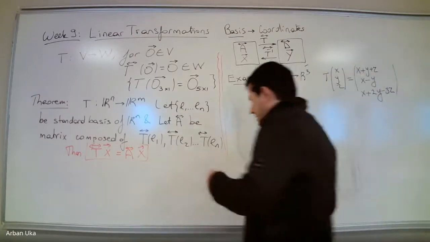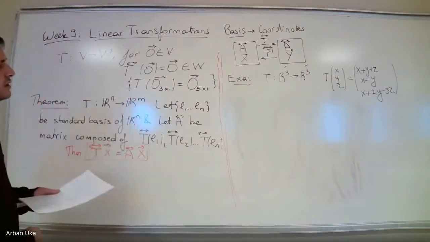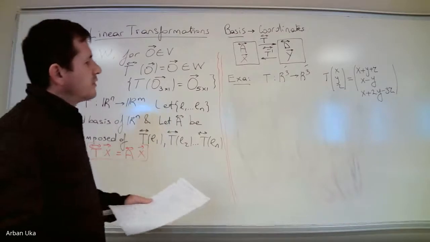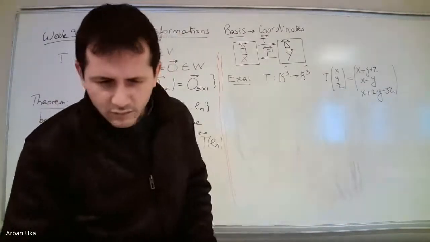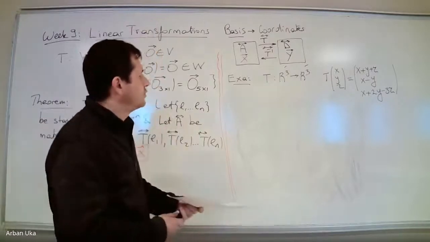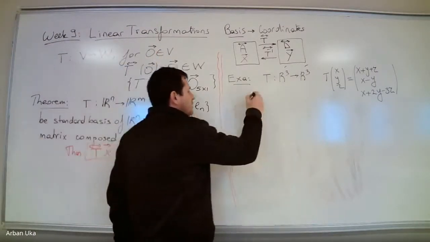So this is a linear transformation. Now the big question is the following. Let's try to pick up where we want to go, or what do we mean? We are given this. The big question is this.